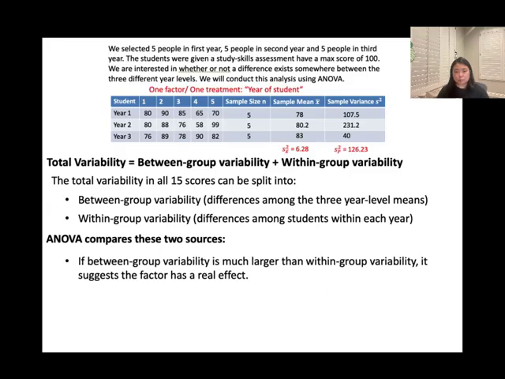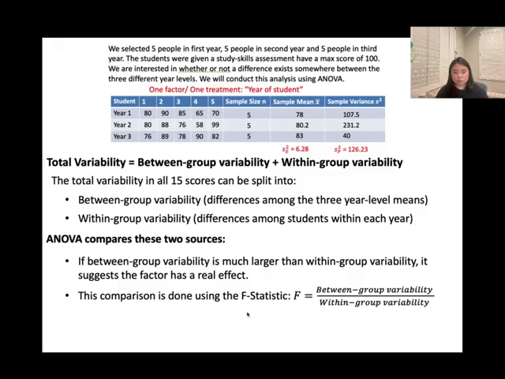If between group is much larger than within group, it suggests the factor has a real effect. The comparison will be using the F distribution. This is how we find the F statistic. The F statistic will be equal to the between group, this number, divided by the within group here. Okay, so this is the test statistic.